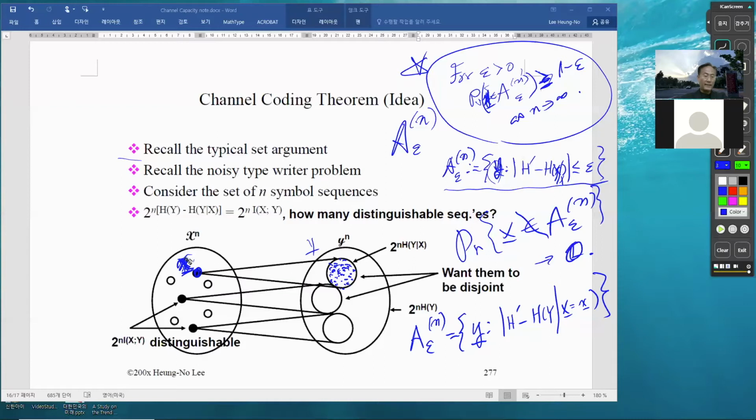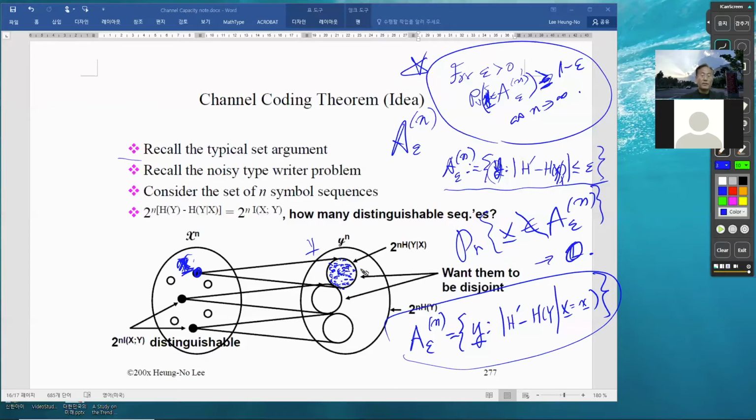That's what we mean by the typical set in this particular problem. So given x, because of the channel noise, there is a certain set of outcomes of y that typically occurs.